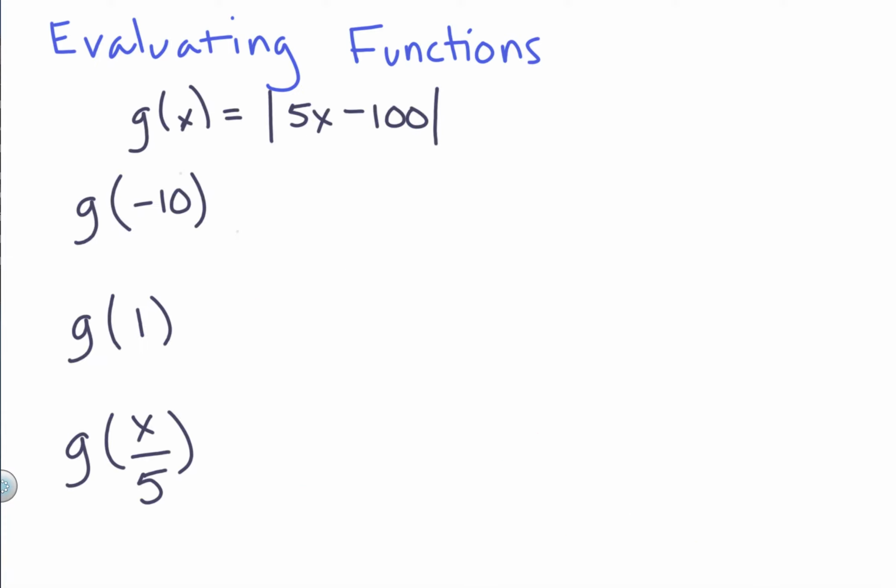We're going to look at another example. We've got an absolute value function here. Remember, absolute value means distance from 0. So when we plug in this value, we're going to replace that x with the value in the parentheses there.